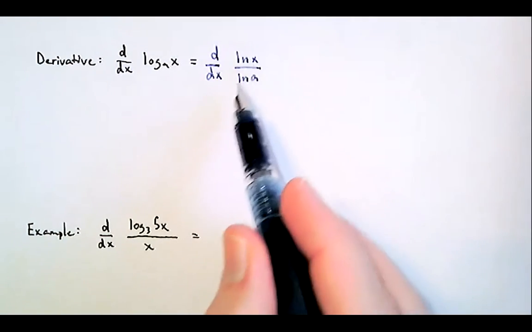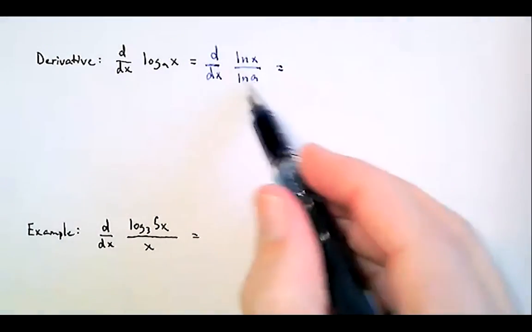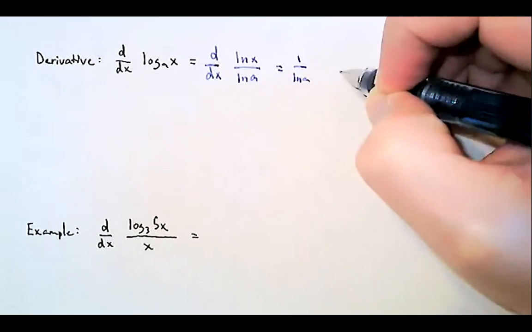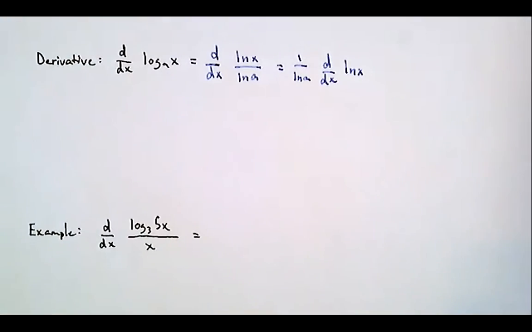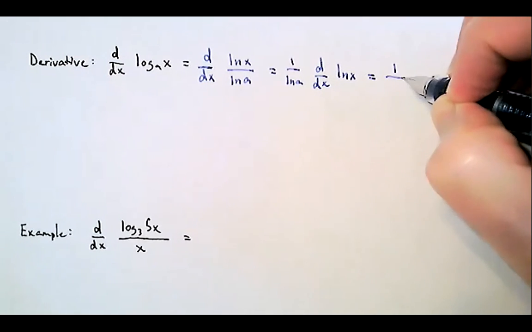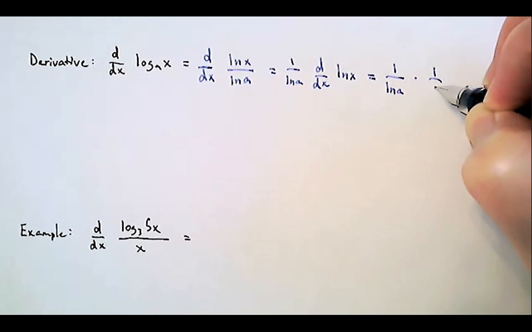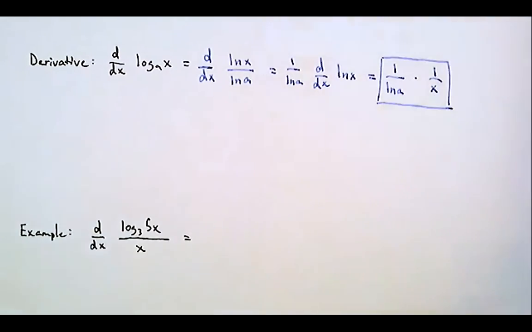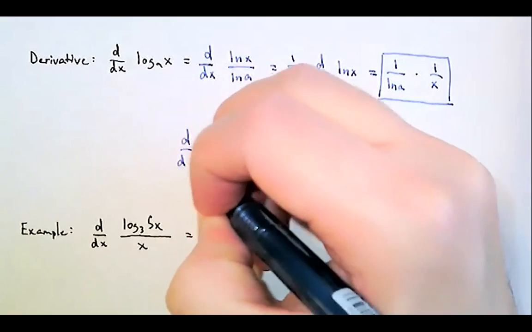It's just the old natural logarithm divided by a number. So the number we can just ignore or pull it to the front. And we're really just looking at the derivative of ln x, which is 1 over x. So this is the rule, which maybe I'll rewrite cleaner down here.